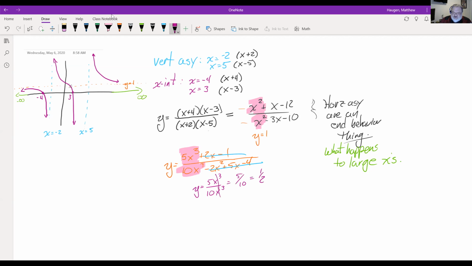So this would have a horizontal asymptote at 1/2. So we often say we get a horizontal asymptote at the ratio of the lead coefficients.